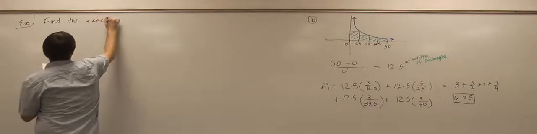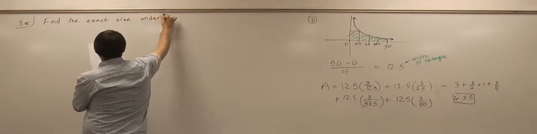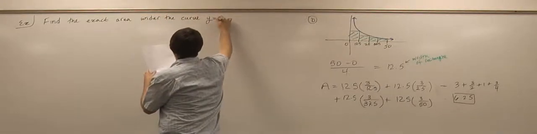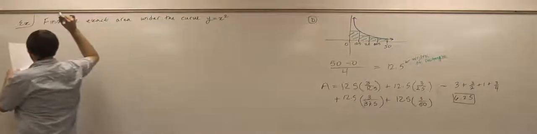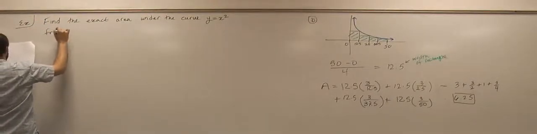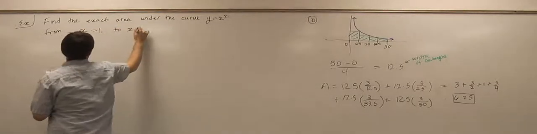Find the exact area under the curve y equals x squared from x equals 1 to x equals 2.